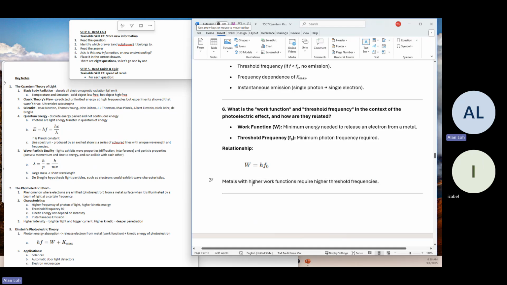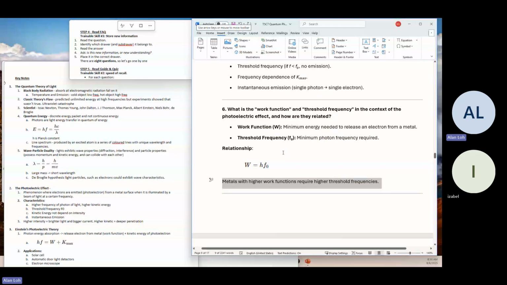Metal with higher work functions requires higher threshold frequencies. What does it mean? Which drawer is this? Drawer number 3, right? Drawer number 3, the Einstein photoelectric theory. Yes. And we explained just now on the work function, and also on the maximum kinetic energy. So different metals will have different work functions.